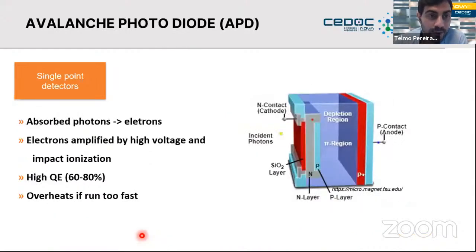Another type of single point detectors are these avalanche photodiodes, the APDs. This is based on a semiconductor material, and it's very similar to a CCD sensor used in cameras.